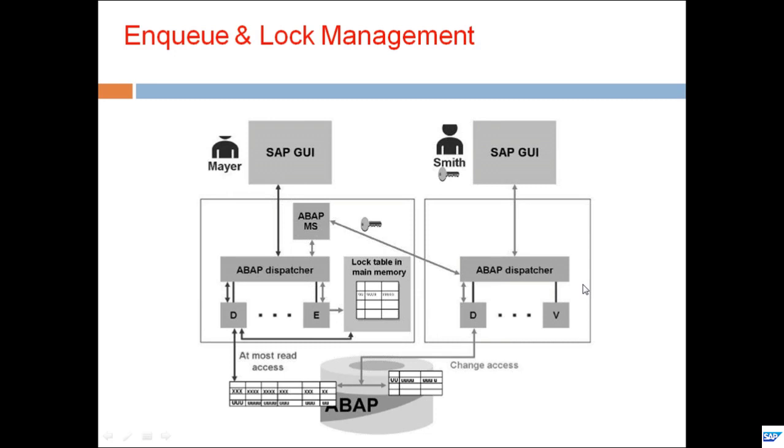So here, enqueue and lock management. So basically, why you have seen in the work processes that we need to have at least a minimum of one enqueue work process. To ensure data consistency within an SAP system, you must ensure that data records cannot be accessed and changed by more than one user at any one time, right?